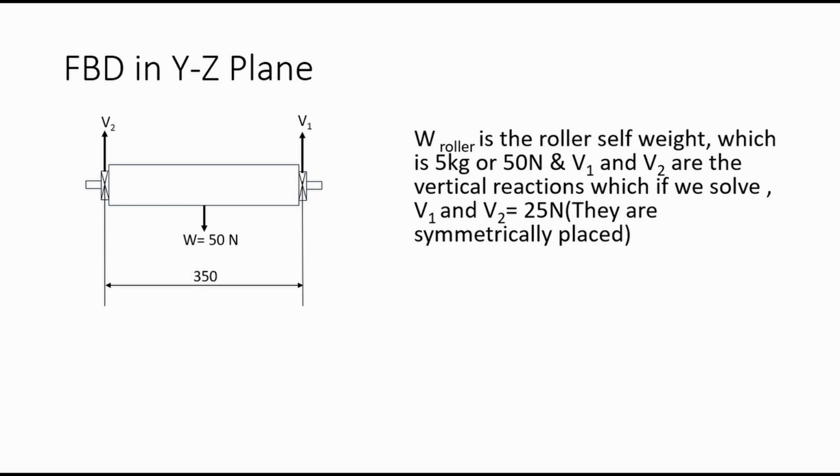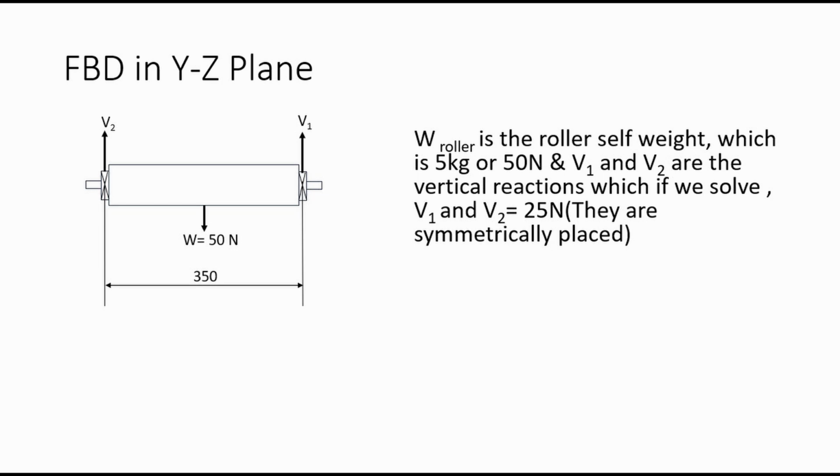Here V1 and V2 are the vertical reactions, and W roller is the weight of the roller, self weight, and 300 mm is the width across the bearing. Now if we solve for V1 and V2, we will get V1 equals 25 and V2 equals 25.